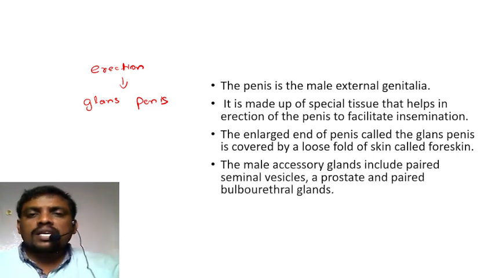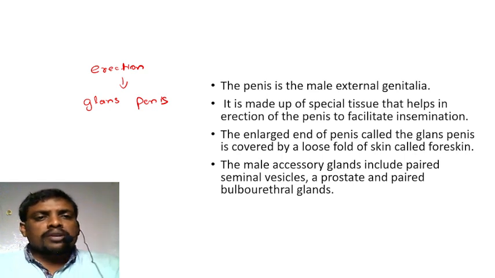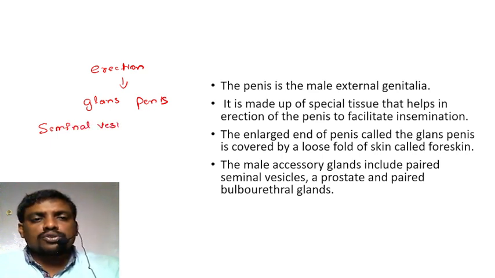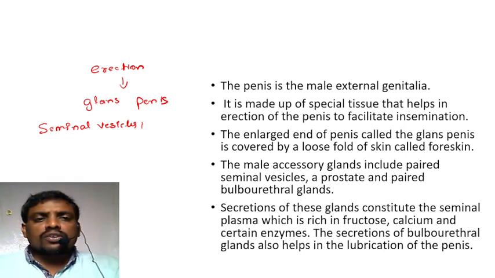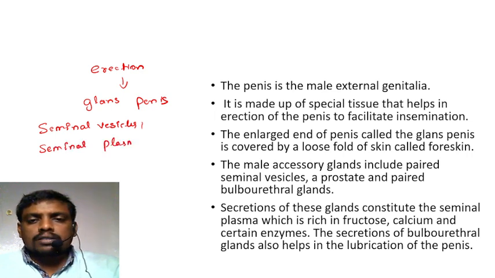The male accessory glands include a pair of seminal vesicles, a prostate gland and a pair of bulbourethral glands, a very important point for the NEET exams. The secretions of these glands constitute the seminal plasma, which is rich in fructose, calcium ions and certain enzymes.